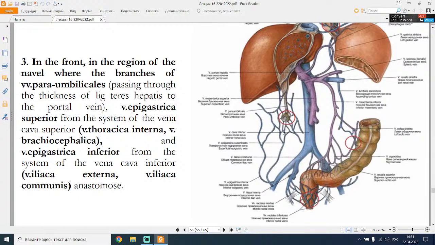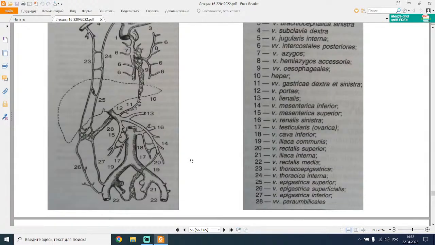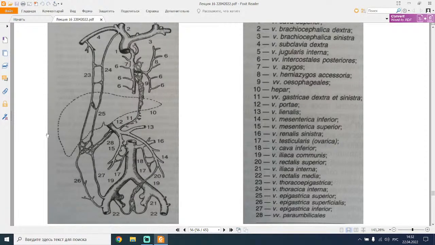This forms an anastomosis between vena cava inferior, vena cava superior, and the portal vein. Cava, porta, caval anastomosis. Do you see, please? This is vena cava superior, vena cava inferior, and the portal vein.